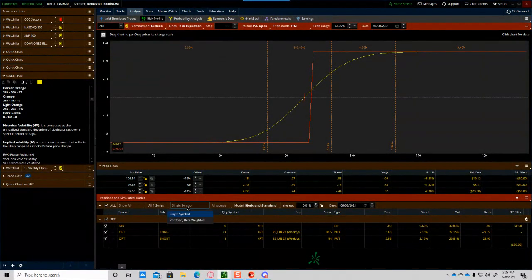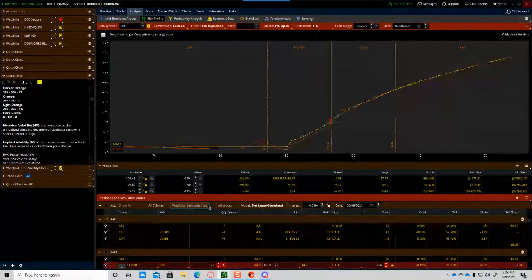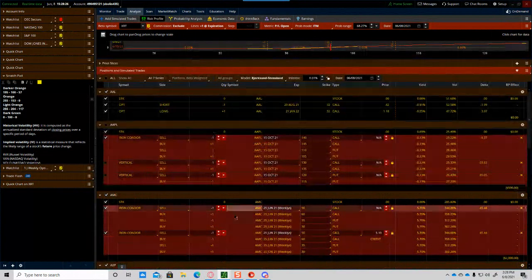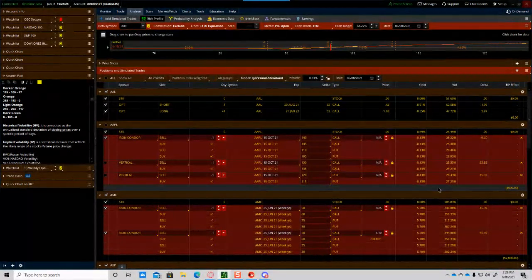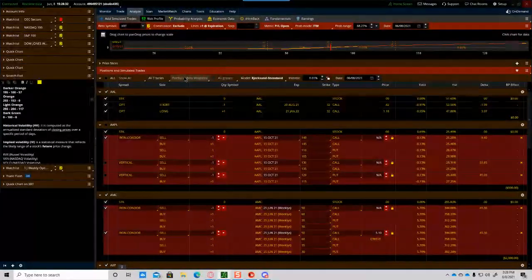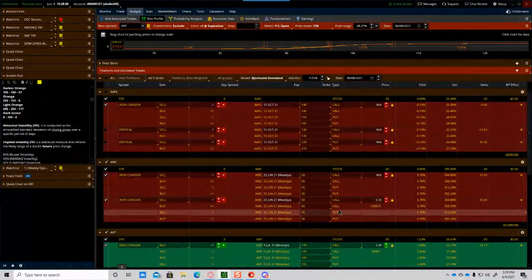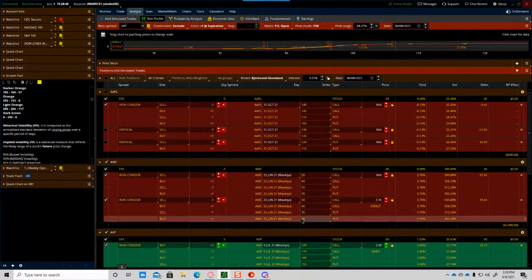So if you go to Portfolio, Beta Weight, you'll notice that there are trades now down here, and there might be a lot of them. So I want to tell this to hide my current positions, and now I know that everything left is a simulated trade, something that I built and looked at.